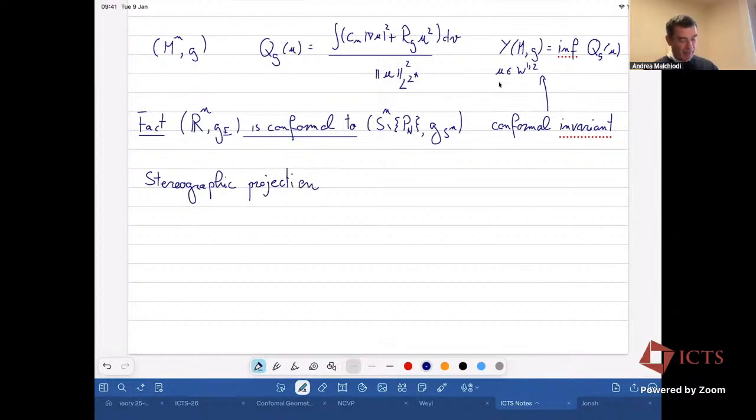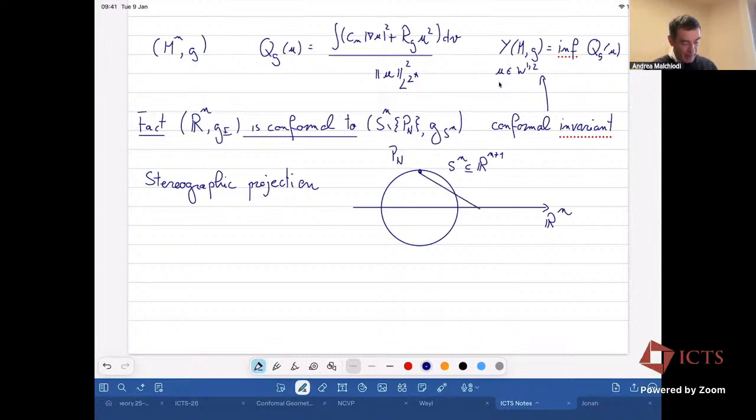So which is a map that sends, so this is S^n sitting in R^{n+1}. So this would be R^n. This is the North Pole. And this is a map that sends a point x of the sphere into, you can call it pi_n of x.